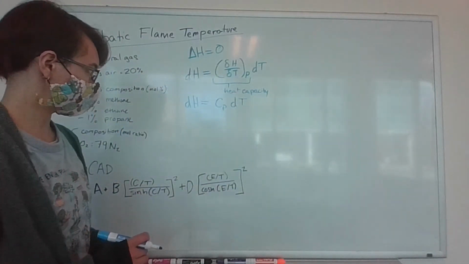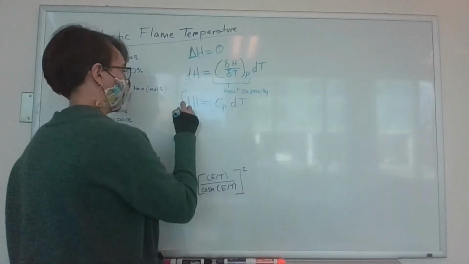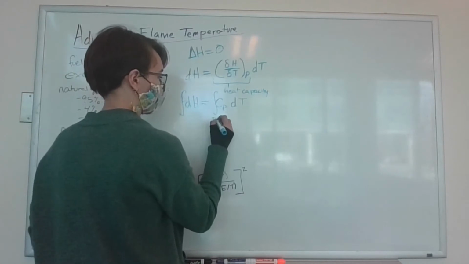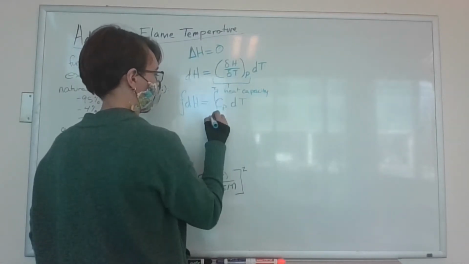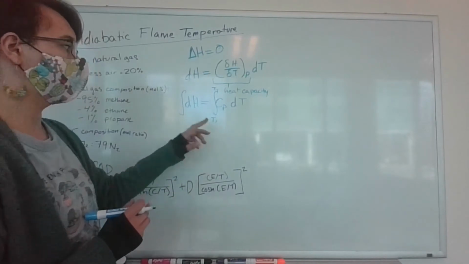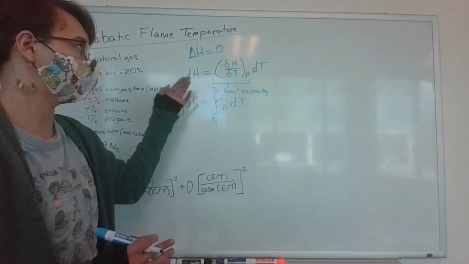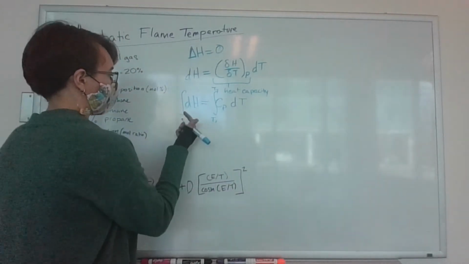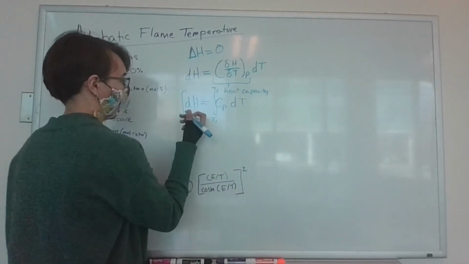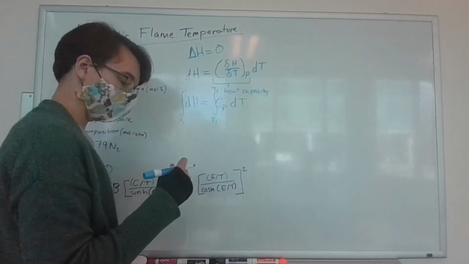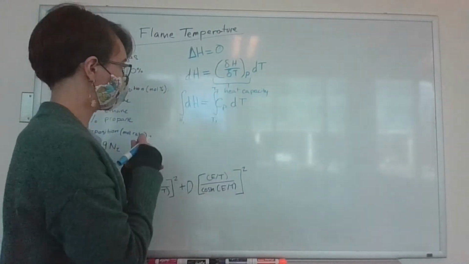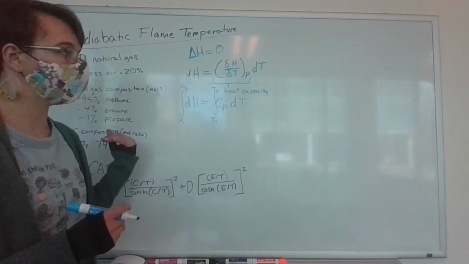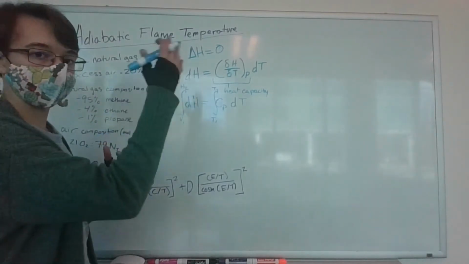And then we can go ahead and integrate those, and we'll have this from temperature 1 to temperature 2. So for our problem, temperature 1 is going to be 298 Kelvin, and then temperature 2 will be the temperature of our flame, which is what we're looking for. And then enthalpies will be integrated from enthalpy 1, the enthalpy of reactants going in, to enthalpy 2, the enthalpy of the products that come out of the flame.